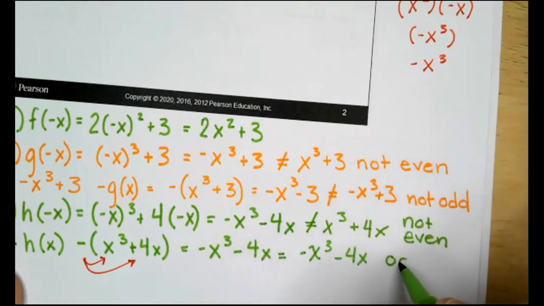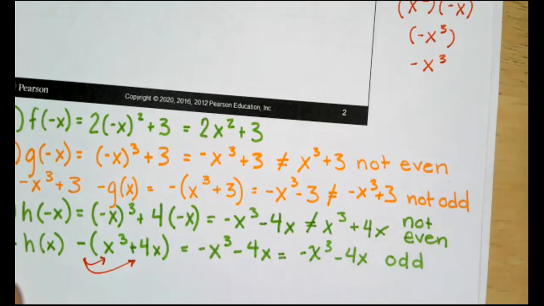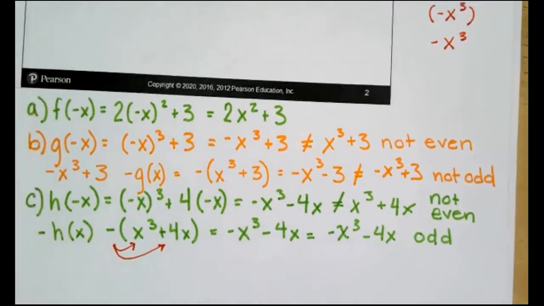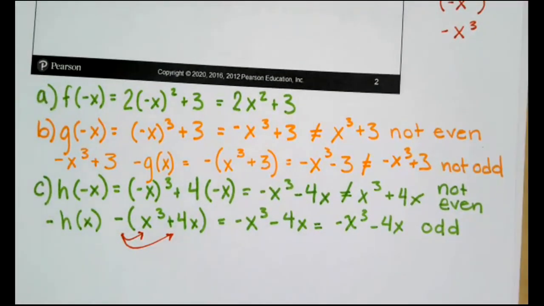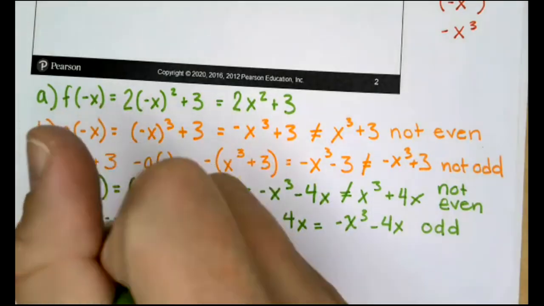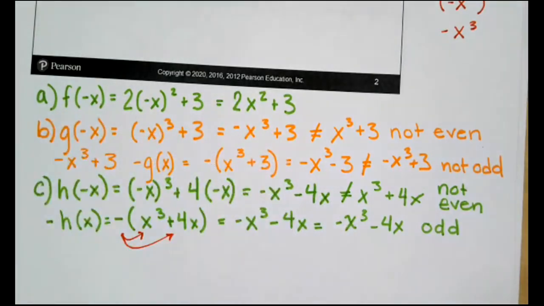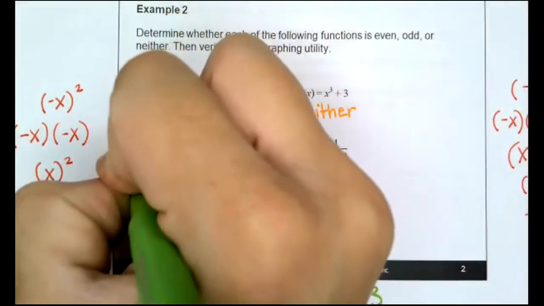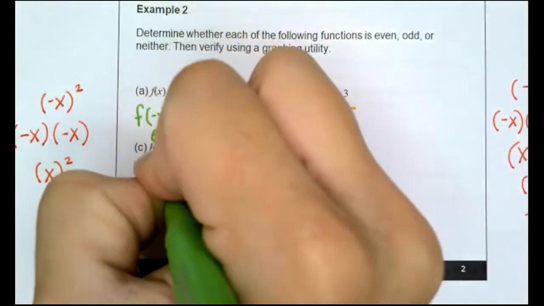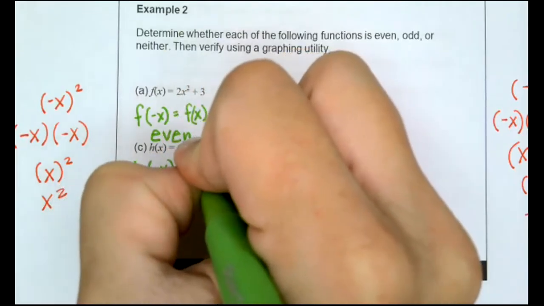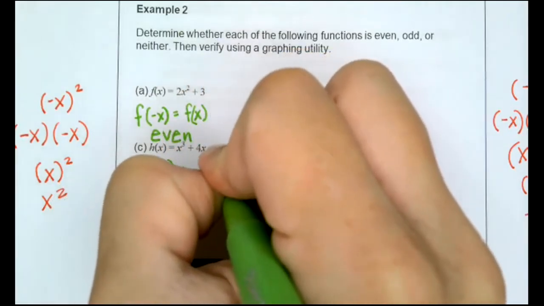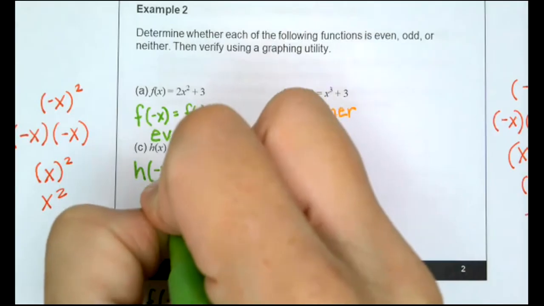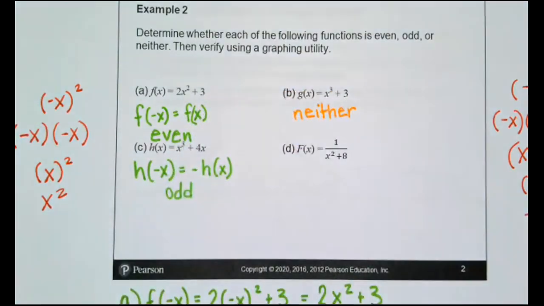So it is odd. So odd means h of negative x was equal to negative h of x. Odd. Okay.